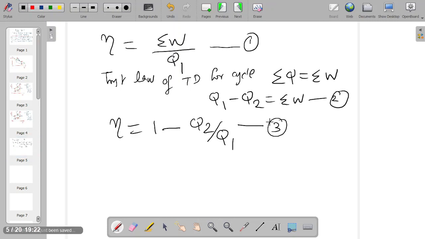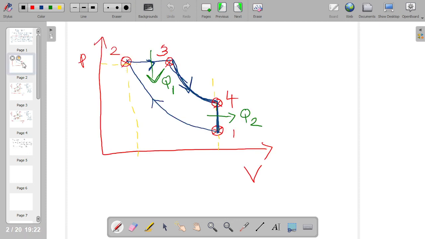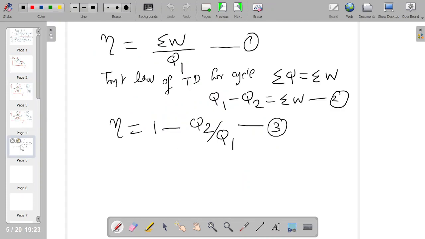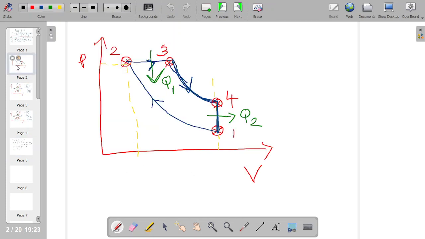Now just like Otto cycle, we have to identify what q1 and q2 are. So what is q1? q1 is the heat entering at constant pressure. The heat transfer for a constant pressure process is mCp delta T, where Cp is the specific heat at constant pressure, whereas in constant volume it will be mCv delta T. So we can write Q1 as mCp times the temperature difference, a positive value.